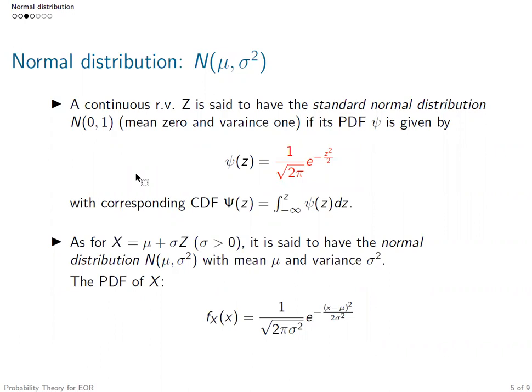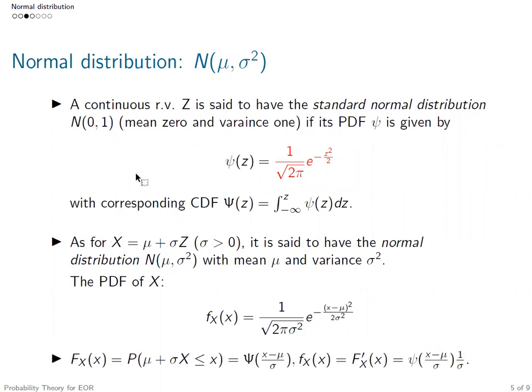The derivation is also straightforward by first looking at the CDF. The cumulative distribution function of X is the probability of mu plus sigma Z smaller or equal to x.